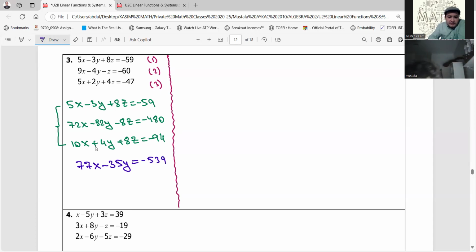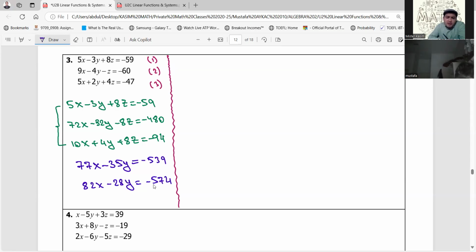And how about the second and third? It is 82x, and if you add this, minus 28y, so that's equal to 4, 8 plus 9, it is 17, and 4 and 5. Right?